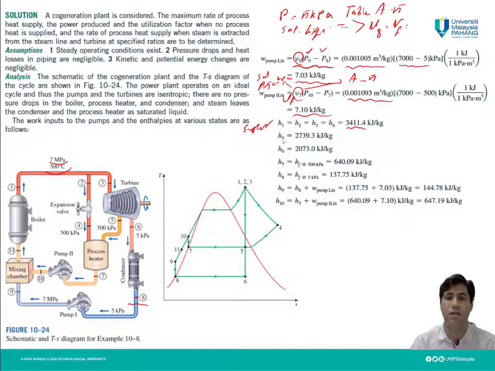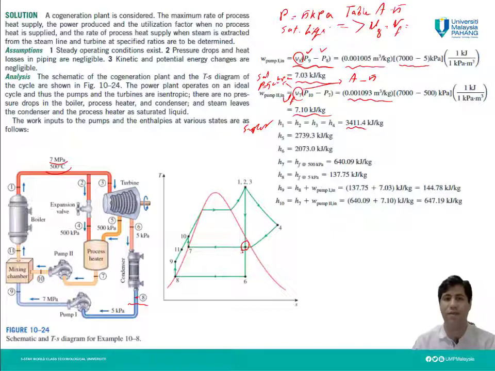What about the enthalpy at state 5? State 5 is after the turbine. We have the pressure for that, 500 kilopascal. But if you notice, it is in the wet region, the saturated vapor and saturated steam region.